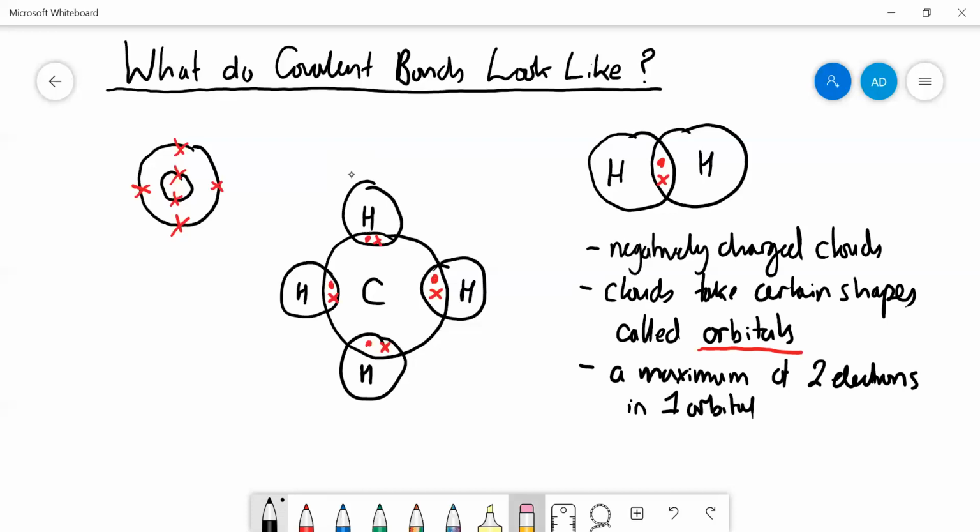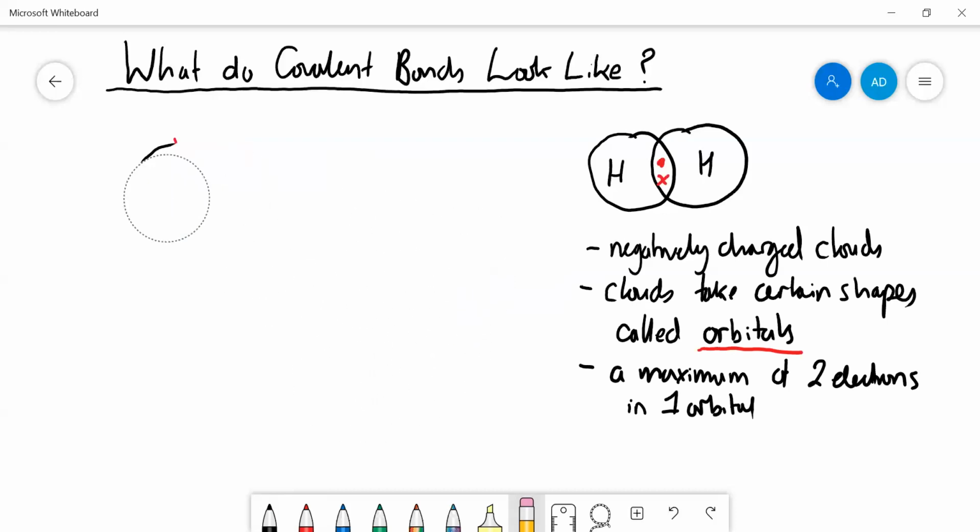Okay, so I'll rub this out and I'll show you. We think a hydrogen molecule looks something like this. We've got a hydrogen nucleus here, and another hydrogen nucleus here. And in between them, we have this bonding orbital, it's called.